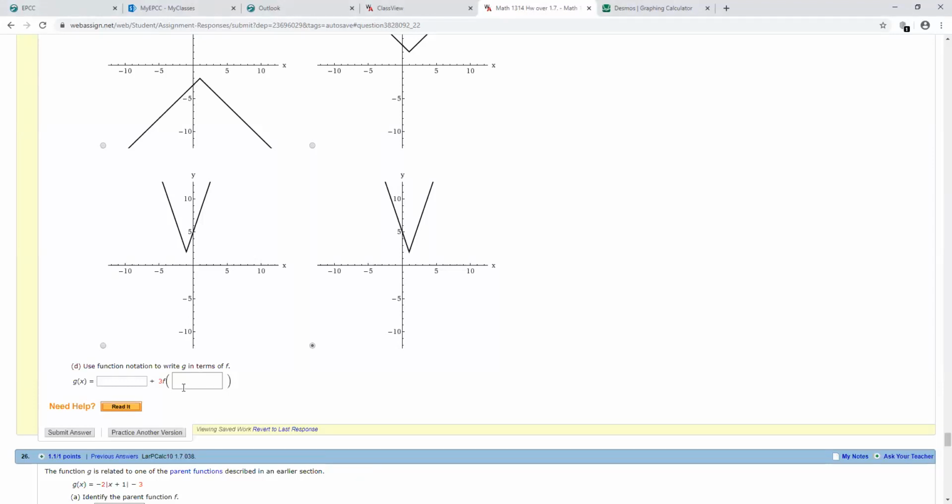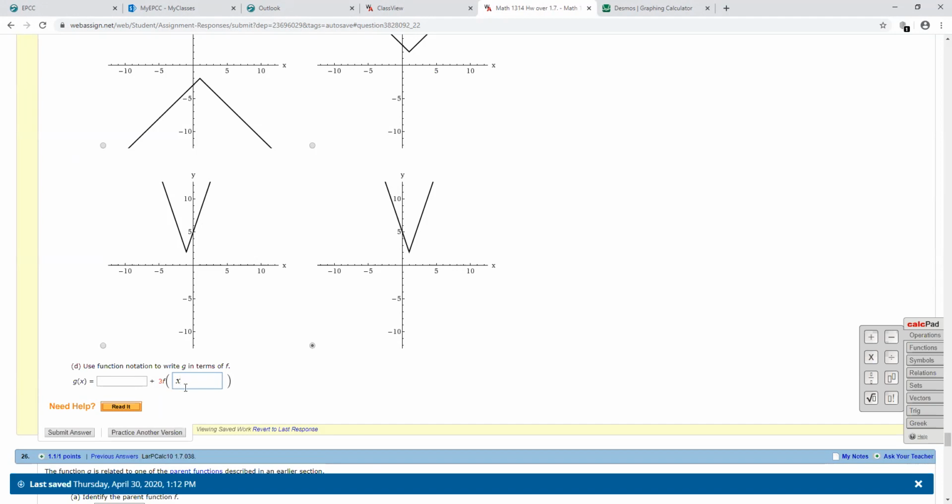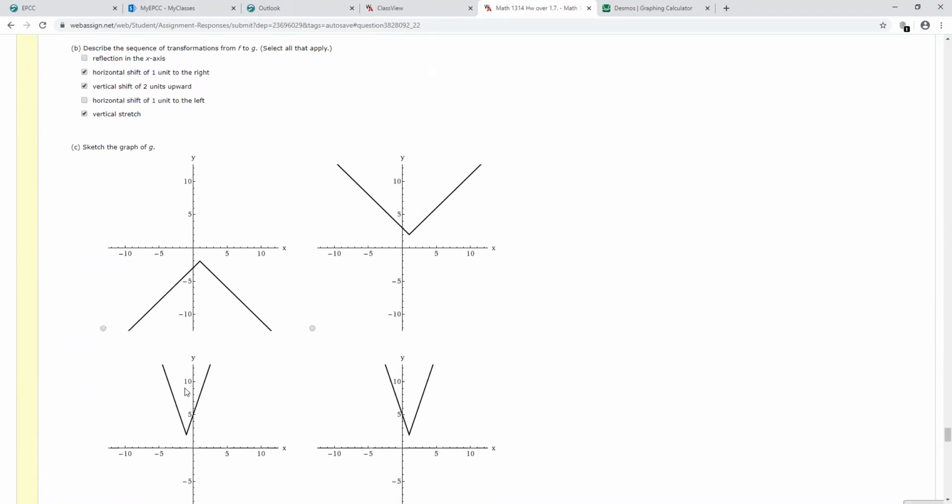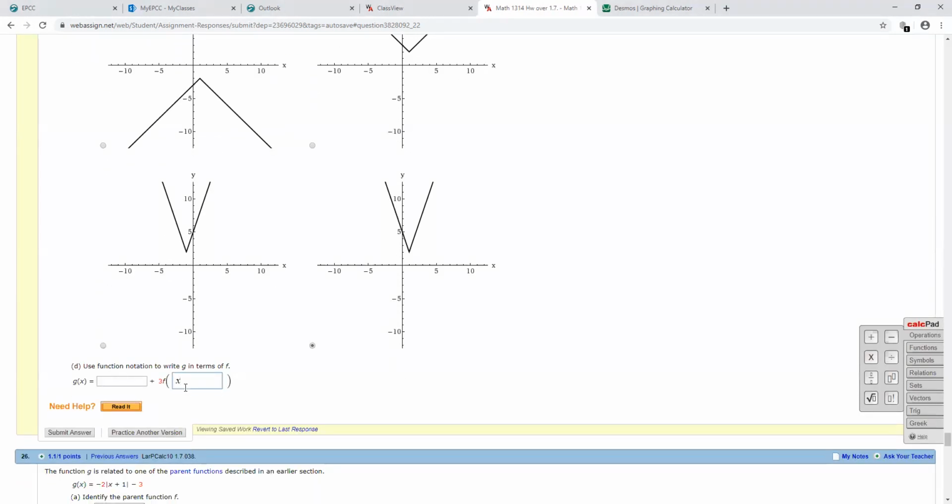The original one was minus 1. It turns into a plus 1. So we did shift it 1 to the right, didn't we? Yes. But what do I have to write in here so that it tells us to shift it 1 to the right? x minus 1. Good.